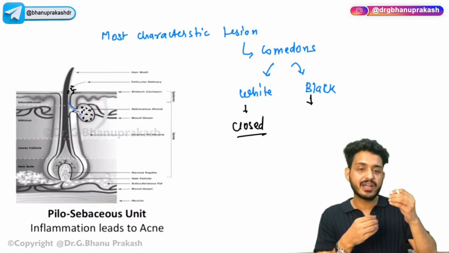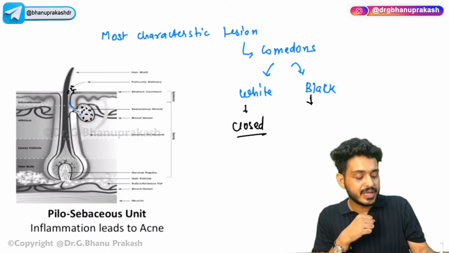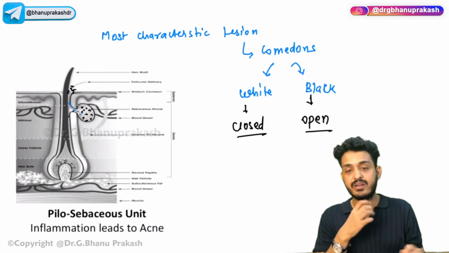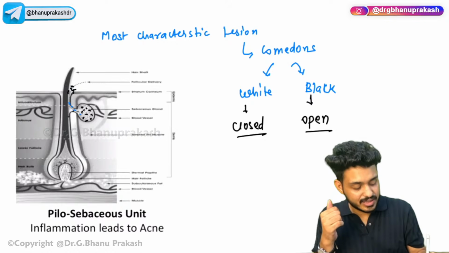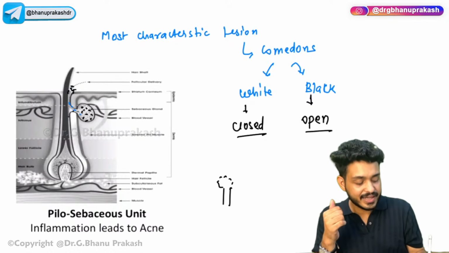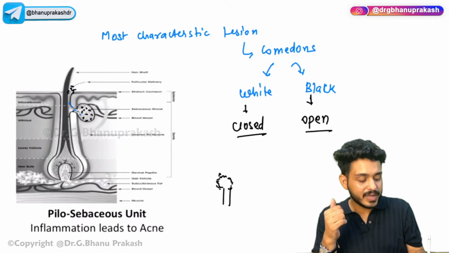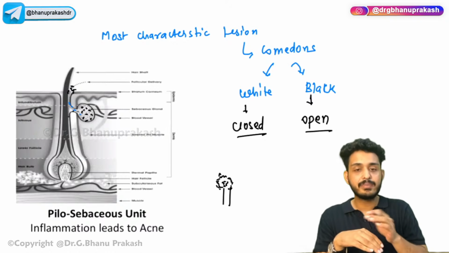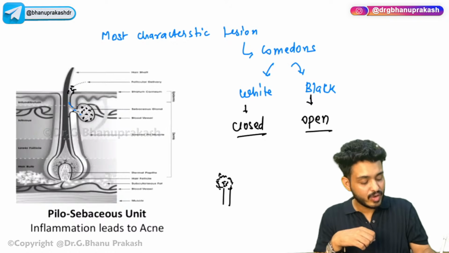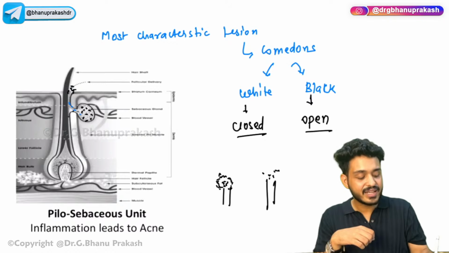This sebum will be reacting with the environment and giving an appearance that is known as blackhead. So blackhead or whitehead, समझ में आया? What is whitehead? This opening is getting closed, and because inside will be sebum, that would be giving a white appearance. That is your whitehead. And what is blackhead? This one will be reacting with the environment and giving you, environment में क्या होता है?